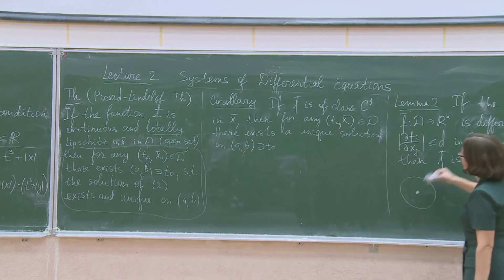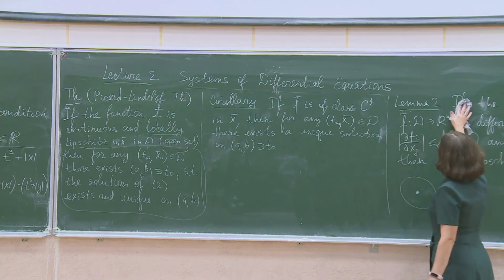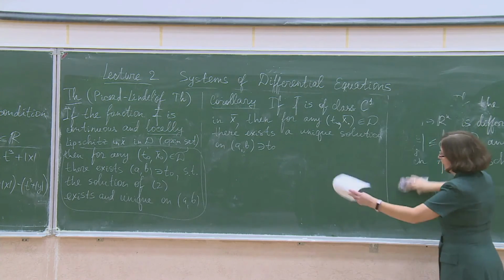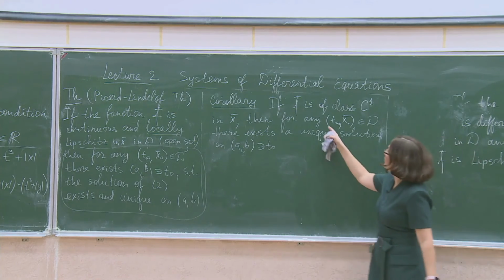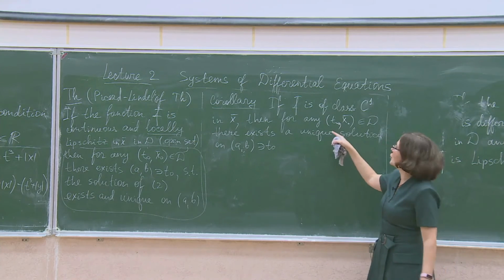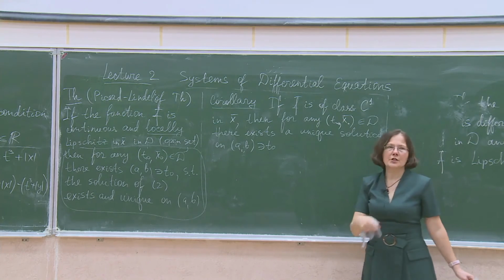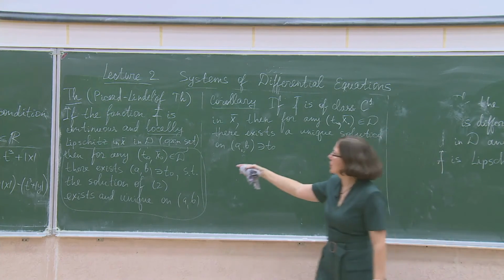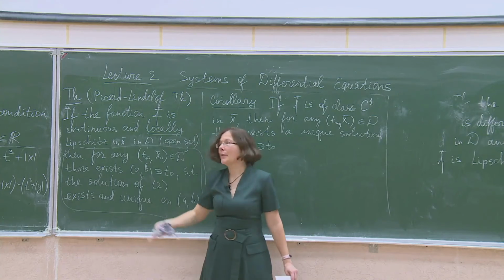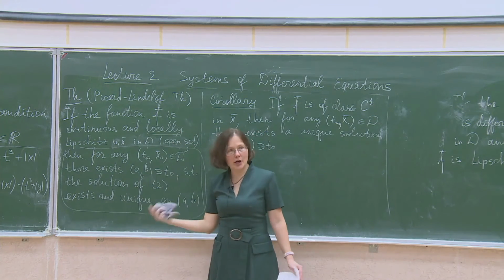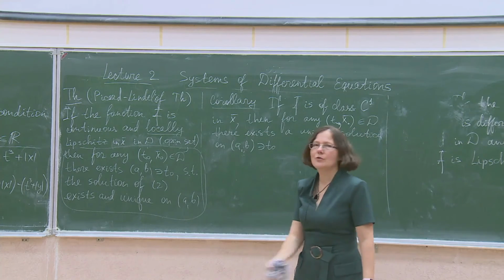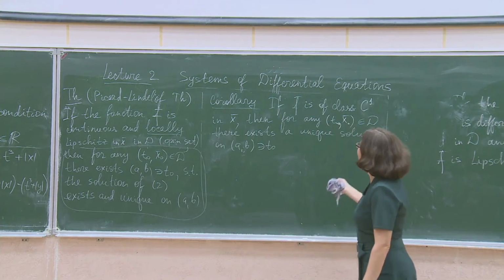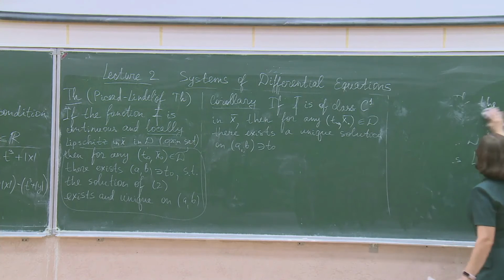This is a corollary, and usually we will use this corollary instead of the theorem because it is simpler to check whether our function is of class C1 than whether it is locally Lipschitz. But the theorem is more general: for example, the absolute value is a locally Lipschitz function, but not a C1 function.